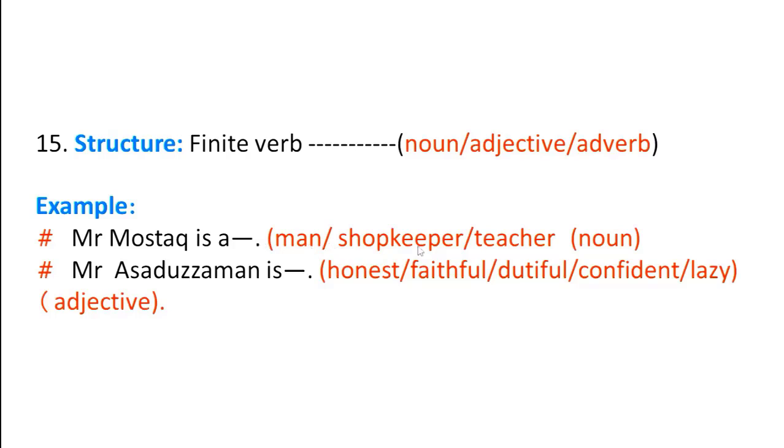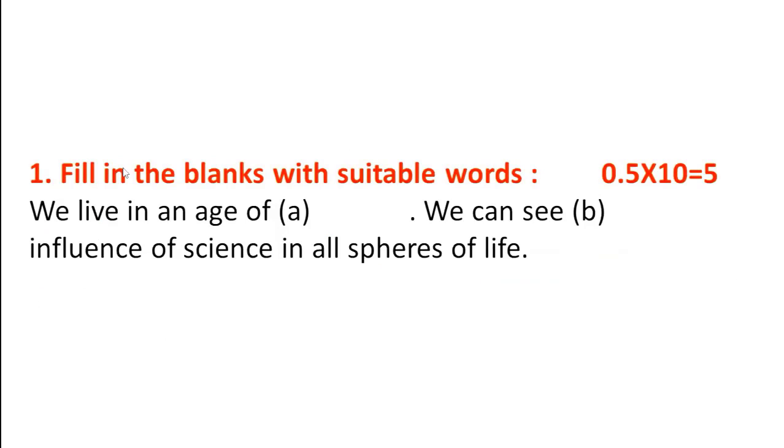It can be man, shopkeeper, teacher, etc. Another example, Mr. Asaduzzaman is dash. It can be honest, faithful, dutiful, confident, lazy. These are adjectives. Dear learners, we have practiced various sentence structures and rules.